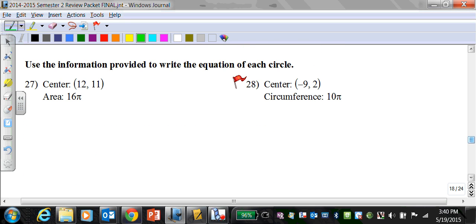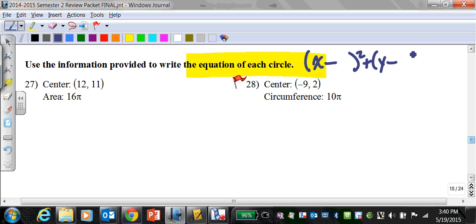Okay, 28 says use the information provided to write an equation of a circle. So the main thing here is to write the equation of a circle. So let's remind ourselves of what that actually is. And that's going to be (x minus h) squared plus (y minus k) squared equals radius squared.